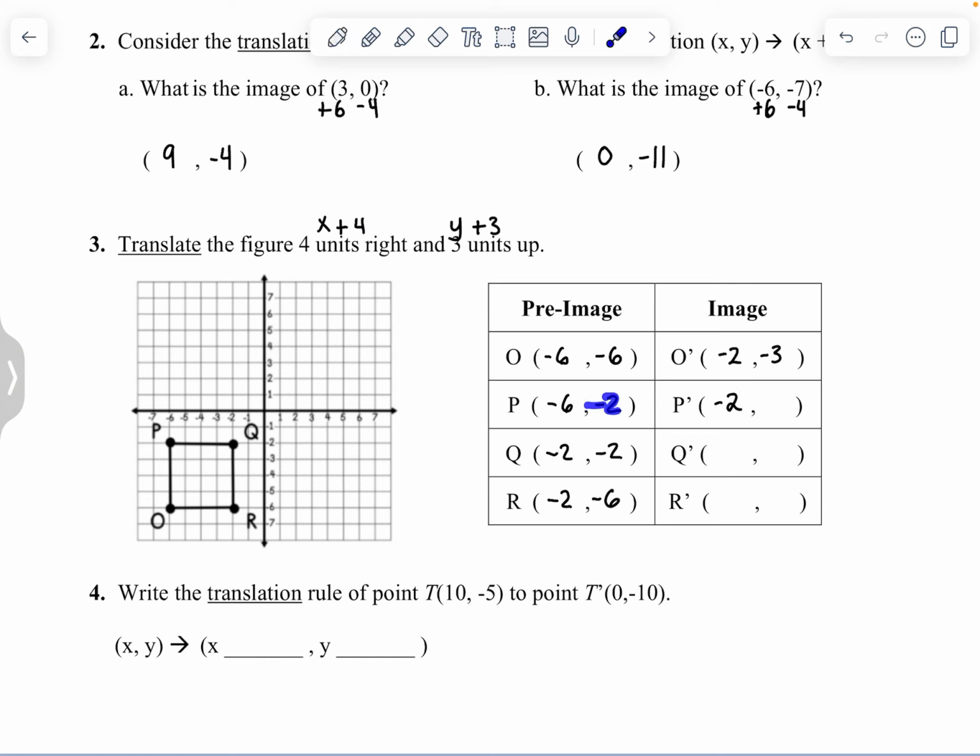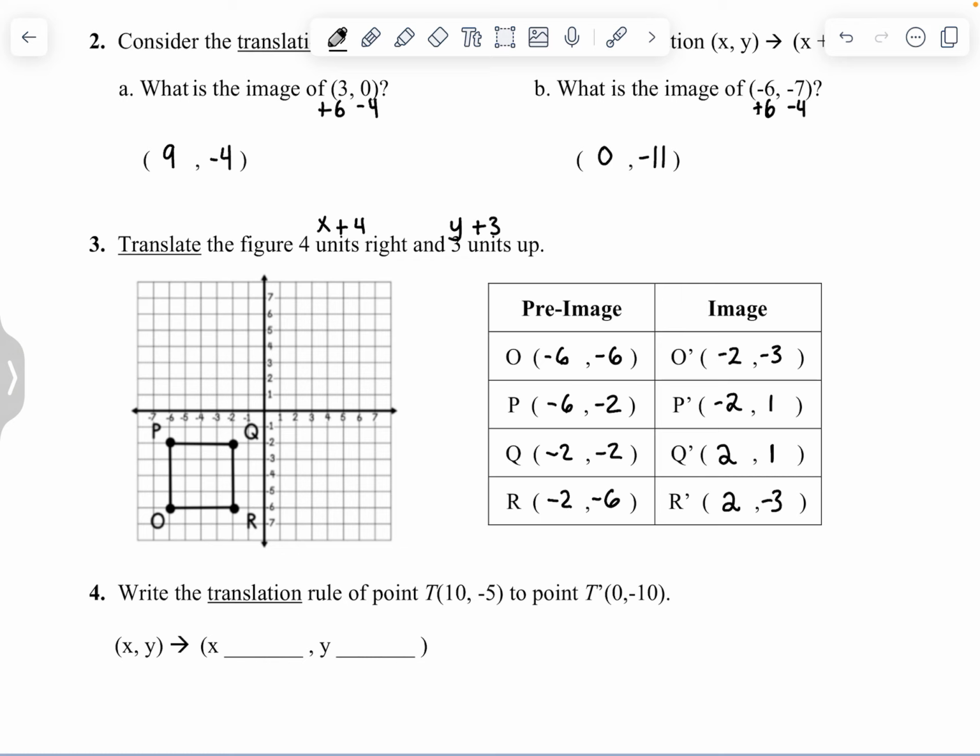And -2 plus 3, we're going to land at 1. -2 plus 4 is going to be positive 2. And -2 plus 3 is going to be 1. -2 plus 4, positive 2. And -6 plus 3, -3.